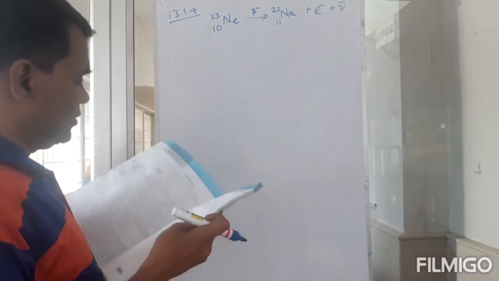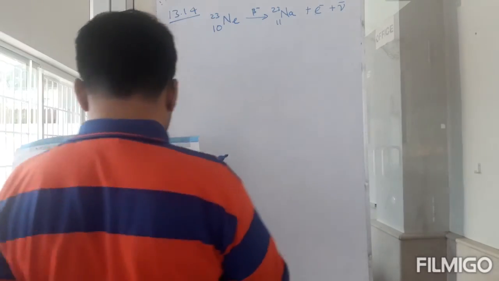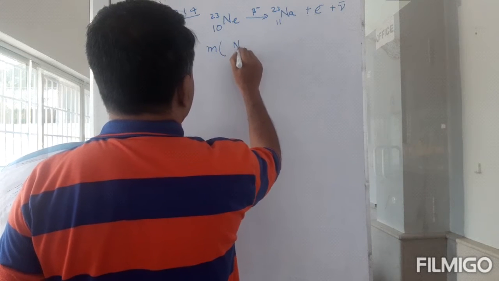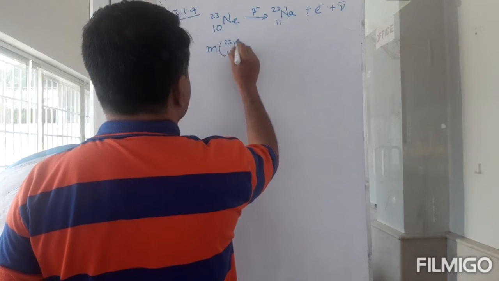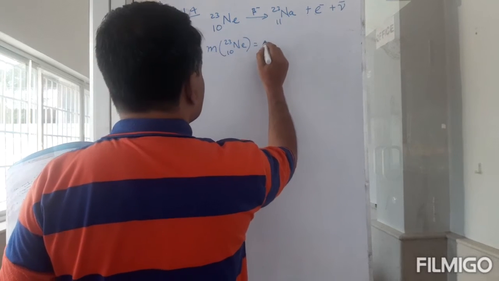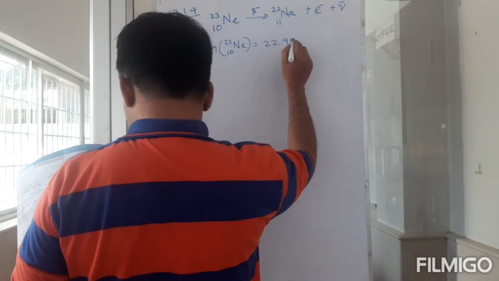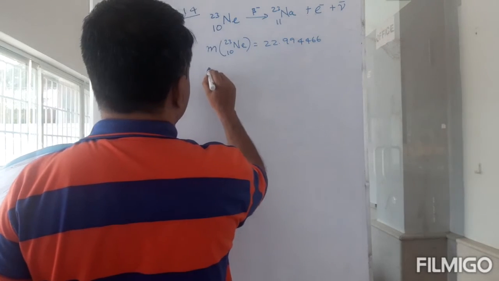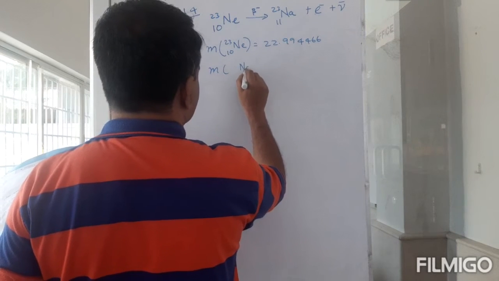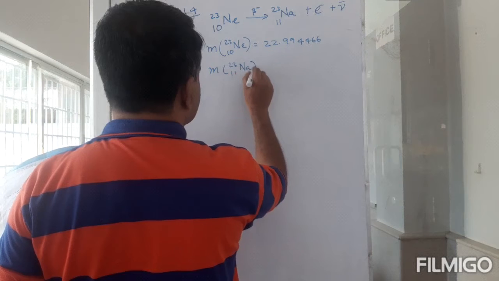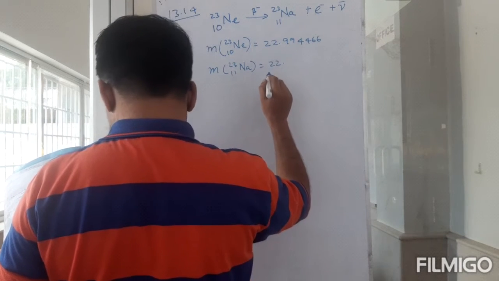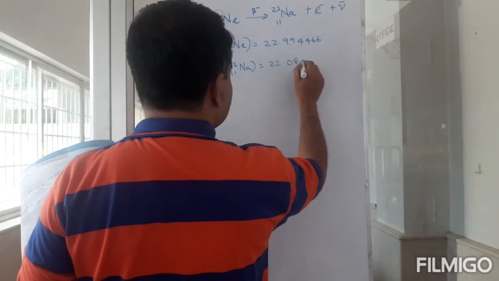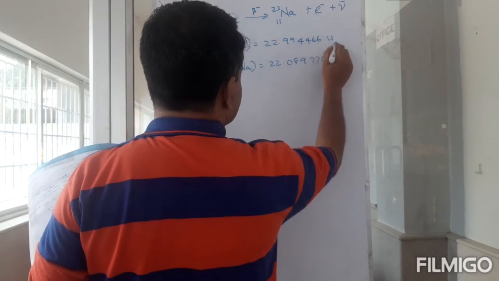So what have they given? They have given you the mass of neon 23 is 22.994466, and then the mass of sodium 23 is 22 point, they've given 0.89770 atomic mass unit.